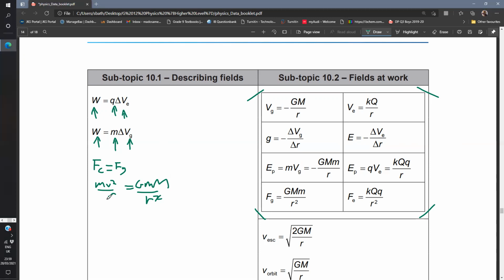The square gets cancelled, the m gets cancelled, and we're left with v squared is equal to GM over r. So this is the orbital velocity. So we take the square root of both sides. V is the square root of GM over r. Yeah, so this is the orbital velocity.